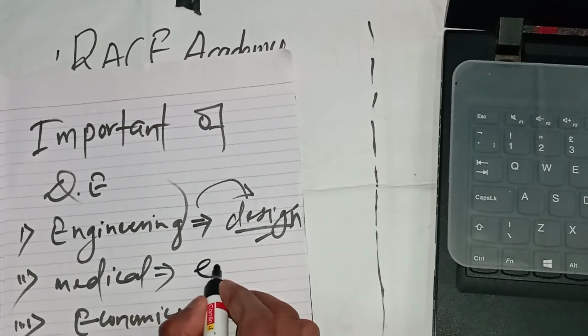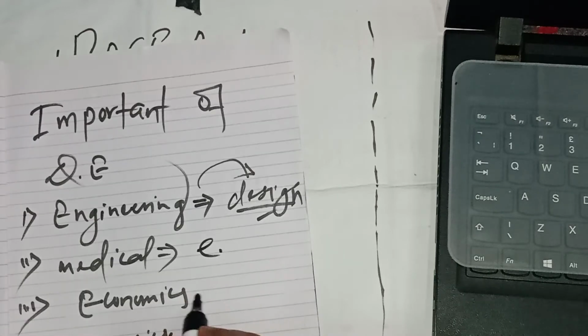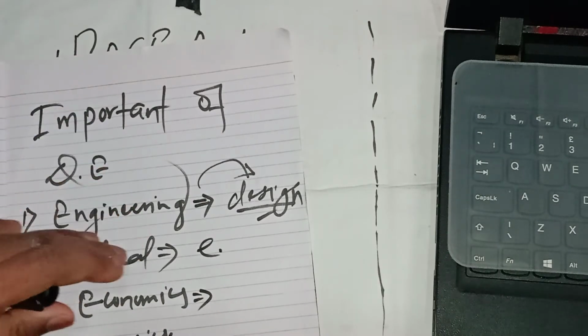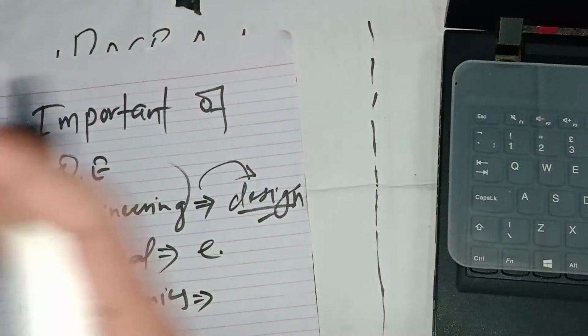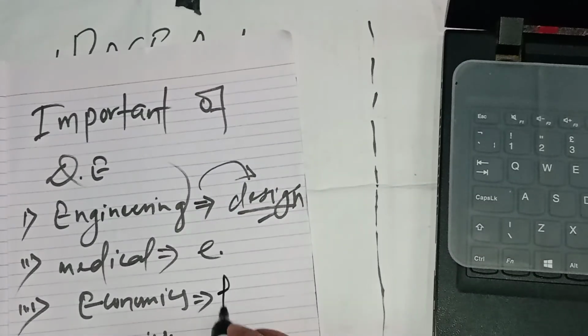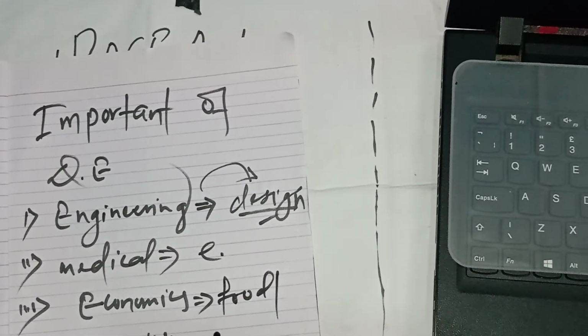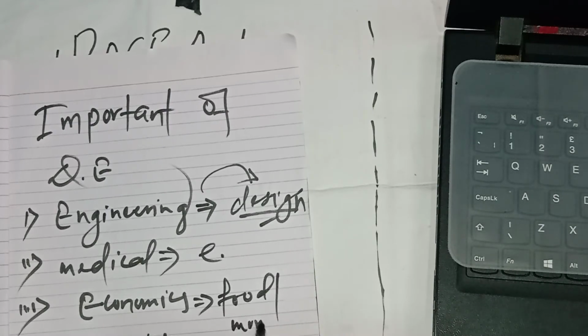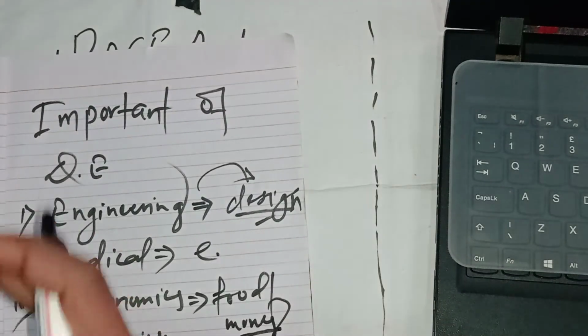that means the exponential form. And the same in economics and population: how the population is growing, and if the population is growing at such a rate, how does that affect food, and what is the effect on money. Like this, we have to formulate the model.